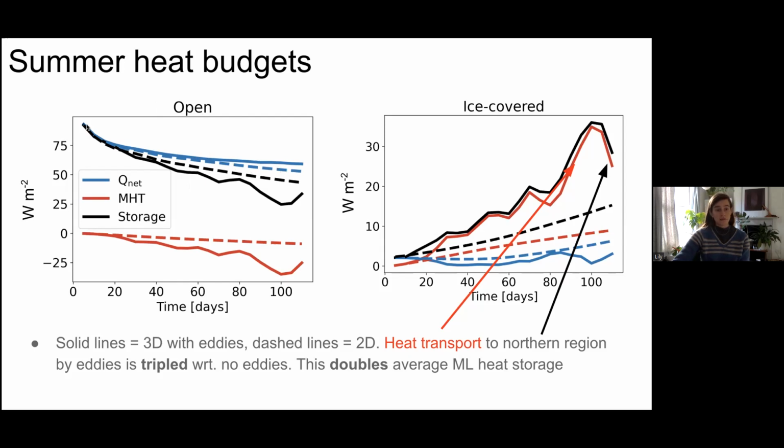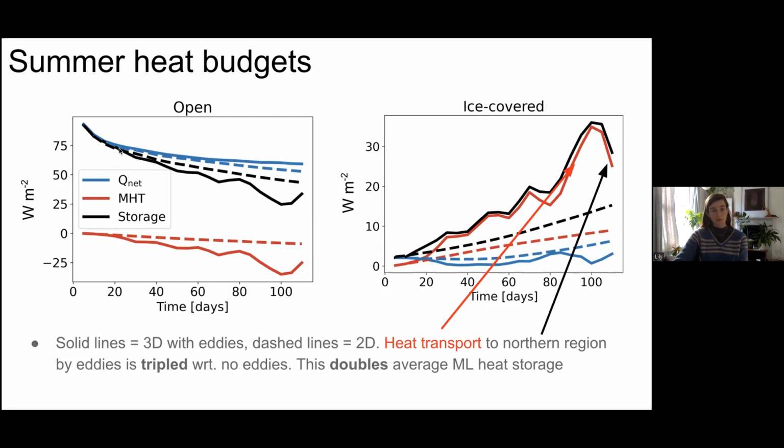The air sea heat flux, the blue line, decreases over time, and that's because of the rising temperature of the open ocean. The red line is the meridional heat transport out of the open ocean, so it's negative into the ice-covered ocean. You can see that this is strongly impacted by the presence of eddies and is greatly increased.